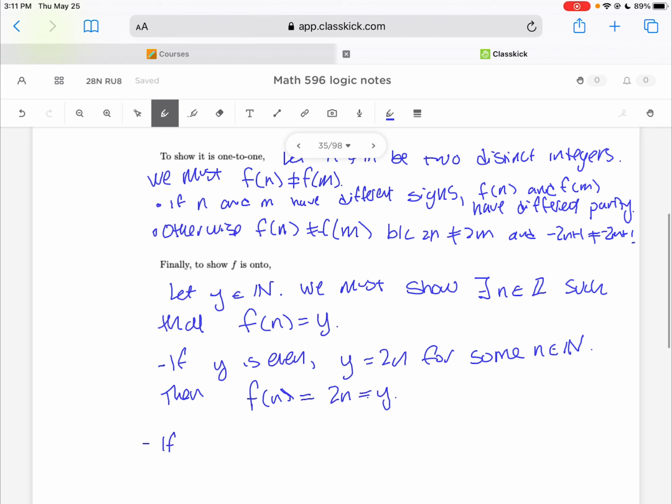On the other hand, if y is odd, we have that y is equal to negative 2n plus 1. And so this one's a little bit trickier. We have to try to figure out what n's going to map to it. But essentially what we're doing is we're solving this equation for n, setting n equal to the opposite of y minus 1 over 2.